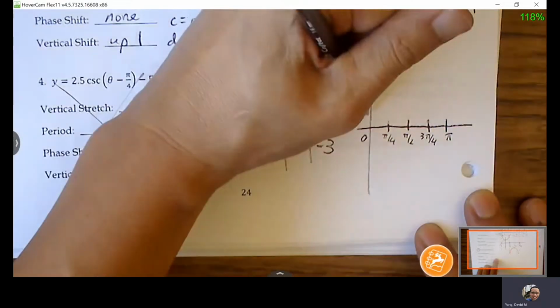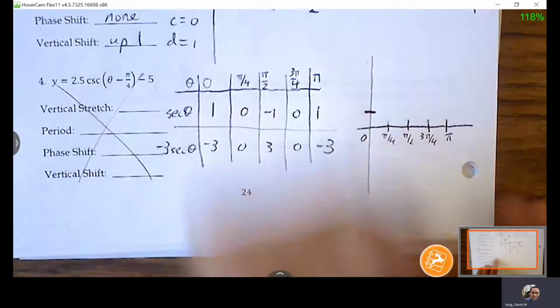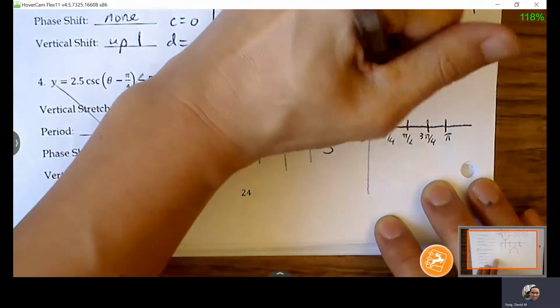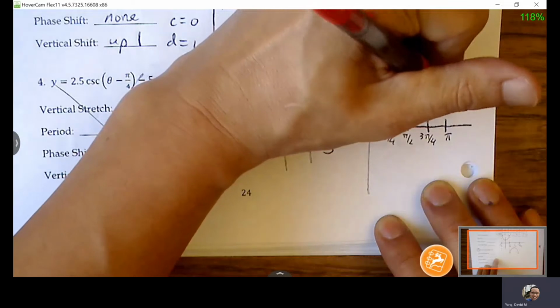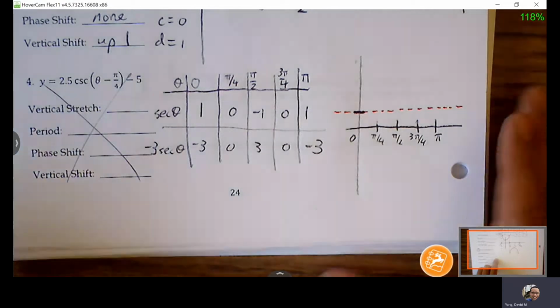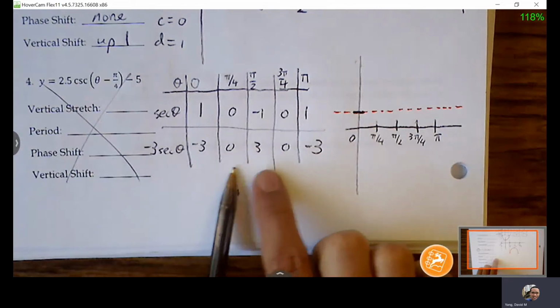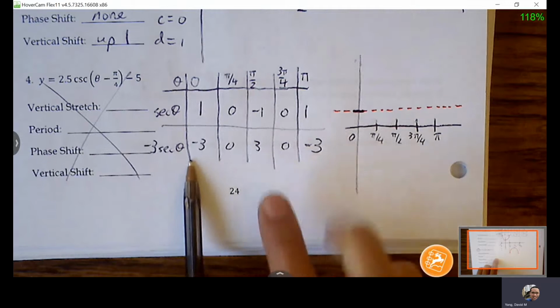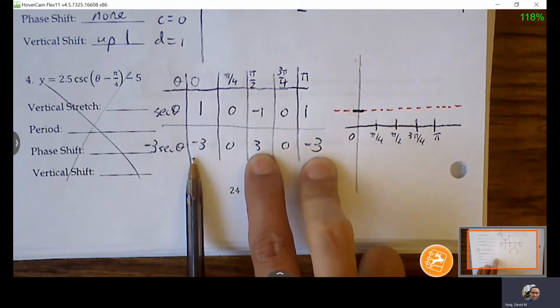Have a d value of 1, so I want to make sure this is now the center of my graph, the middle point of my graph. Okay, we're going to plot these points as if we're dealing with a cosine graph, but these are now no longer going to be y values, right?